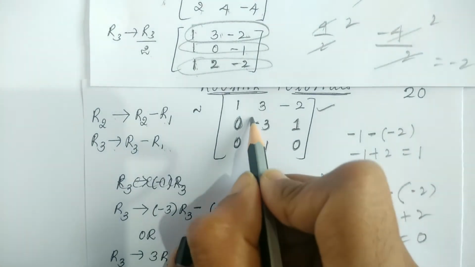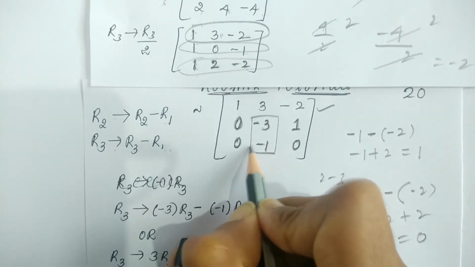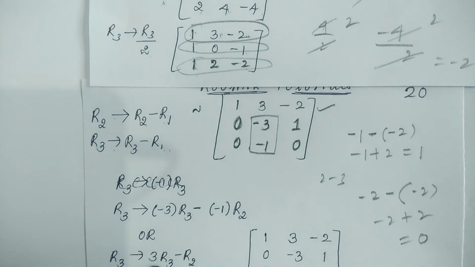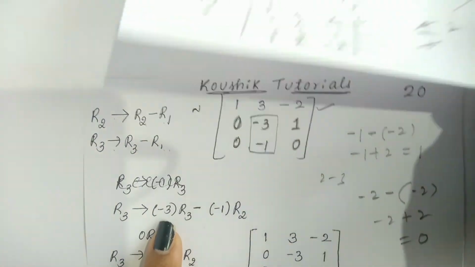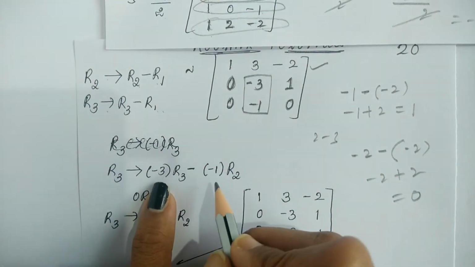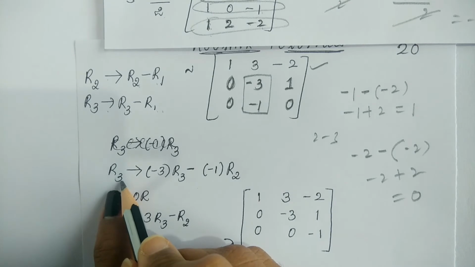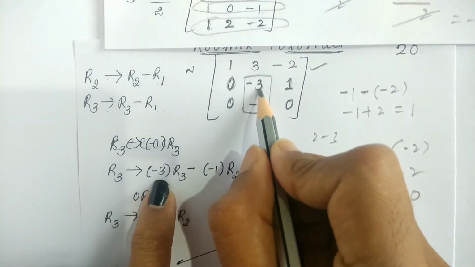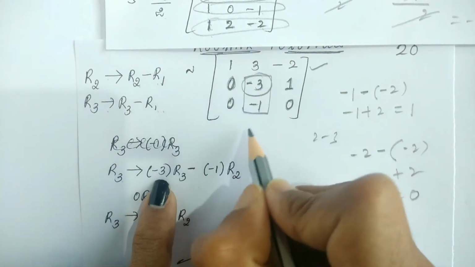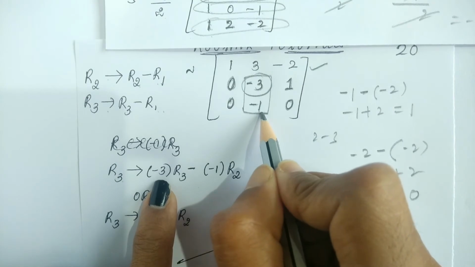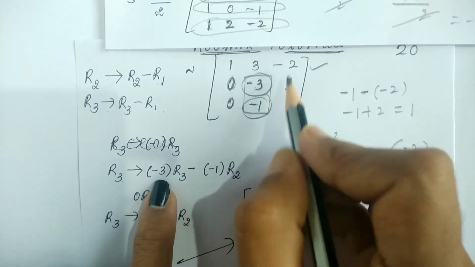So now we have this one. Make any one of them 0. For that I am using a row operation here. Dear students, please observe carefully. What is the row operation here? Here R3 changes to, in R2 we have minus 3 and in R3 we have minus 1. Just interchange.